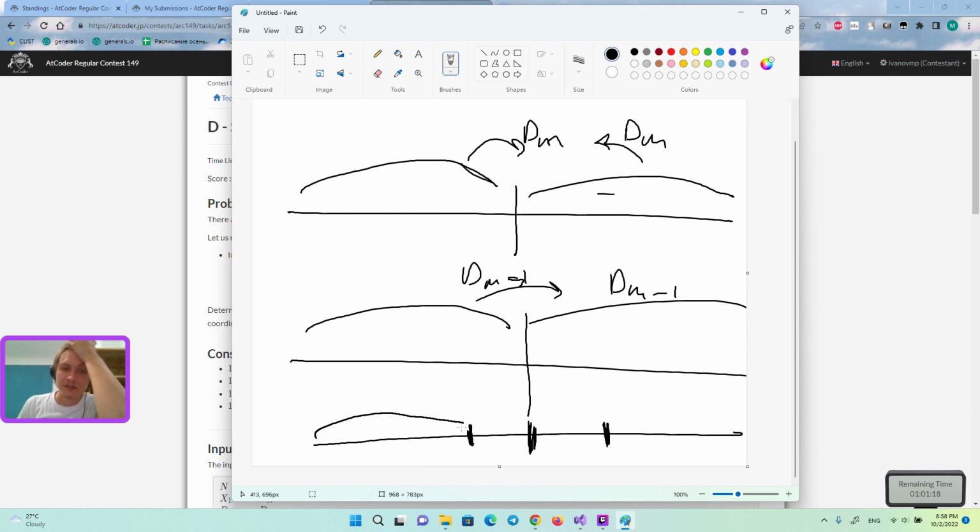These points go plus dm minus 1 plus dm. These points go minus dm minus 1 minus dm. This is vice versa. So this is minus dm plus minus 1 plus dm.